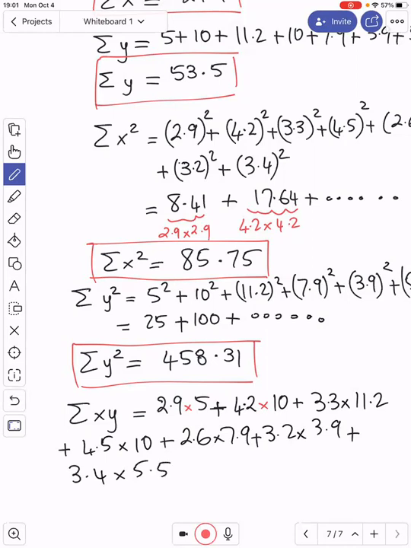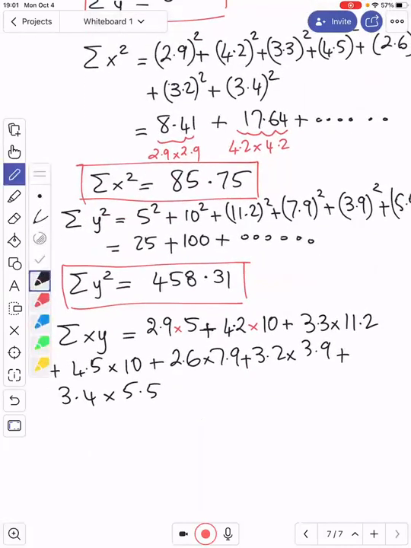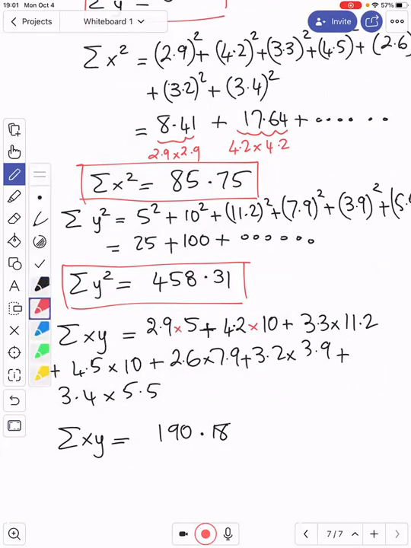Okay. So then the sum here, if I'm not mistaken, this sum of x times y is going to be equal to 190.18. Okay, that's the sum of x times y.